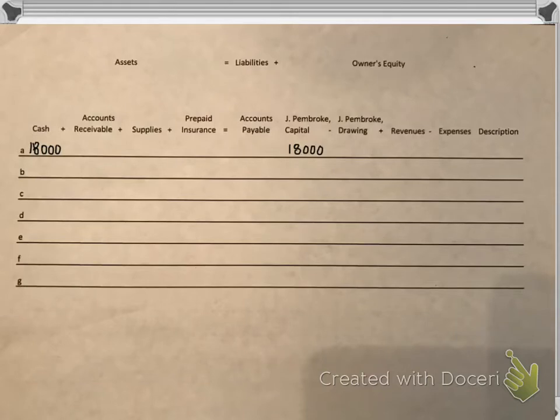So our assets are $18,000. And then we have liabilities, which are 0. I'm going to plug in this plus sign right here that I forgot to include. So for this side of the equation, we're going to have liabilities plus capital minus drawing plus revenues minus expenses.